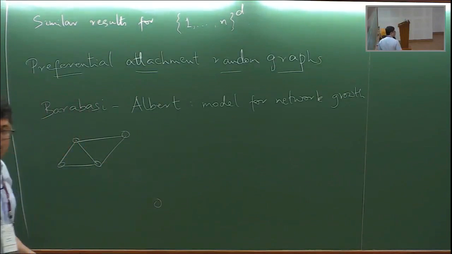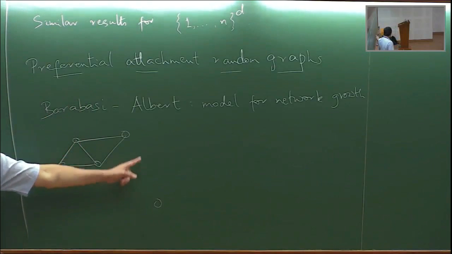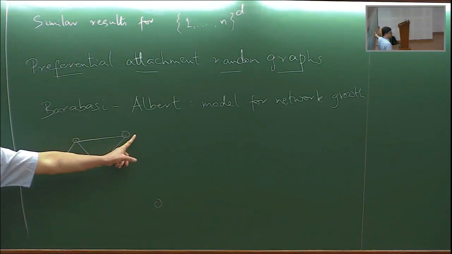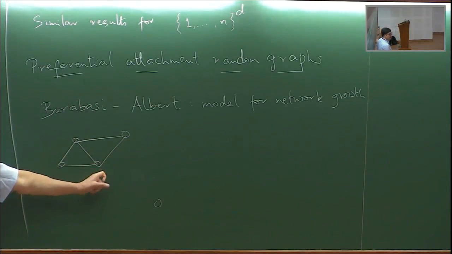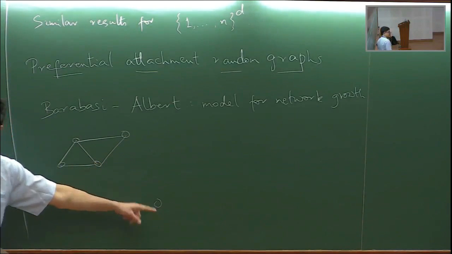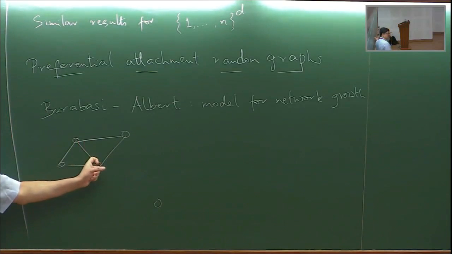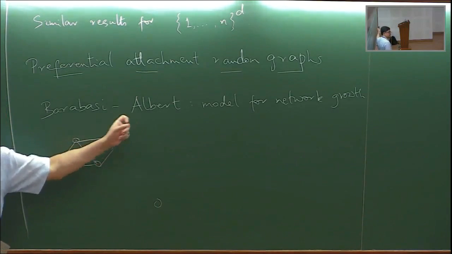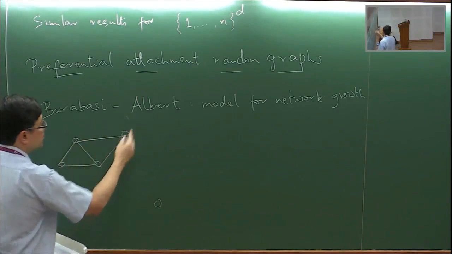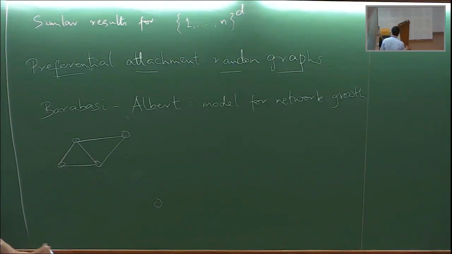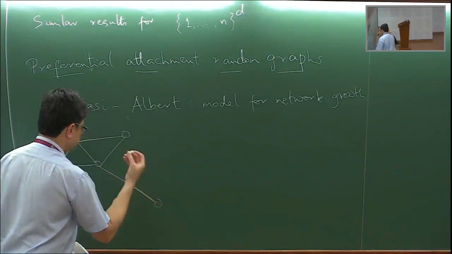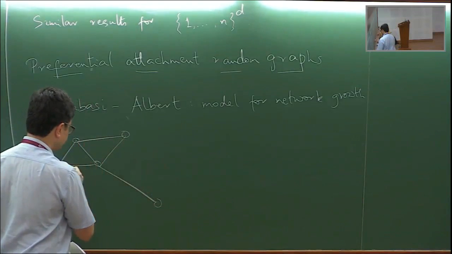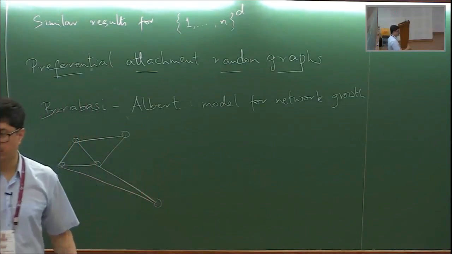Along comes a new node. Now, this vertex has degree 2. This vertex has degree 3. So the new vertex will have 50% more chance of connecting to the degree 3 vertex than to the degree 2 vertex. So that's the preferential in preferential attachment. So it might connect to these, etc. And you keep growing this.